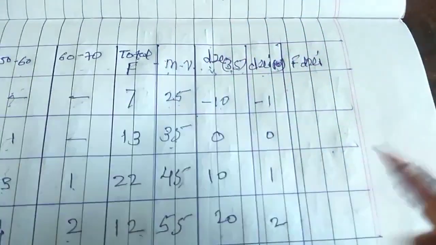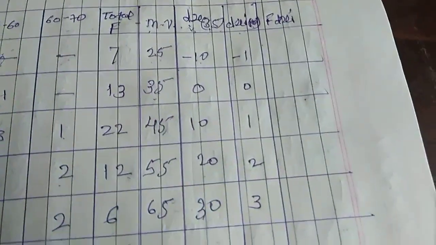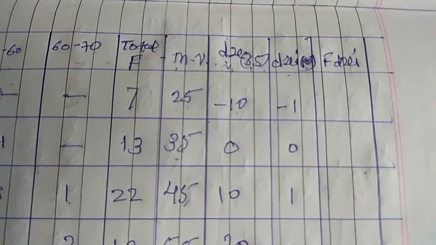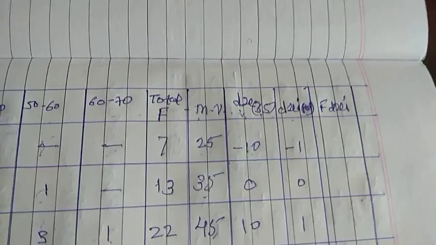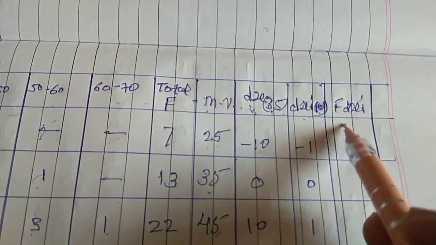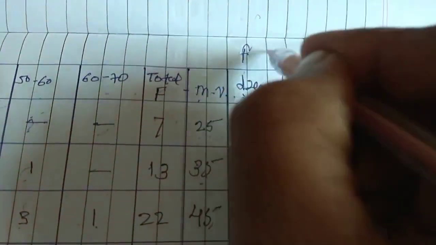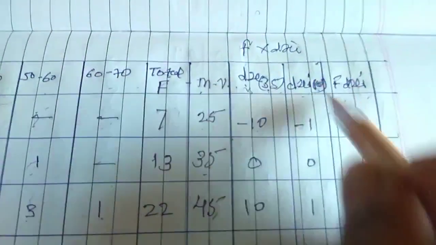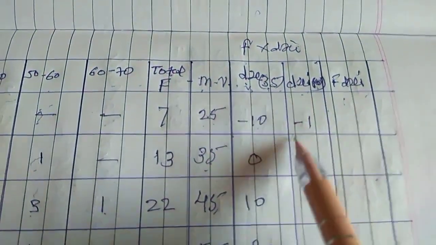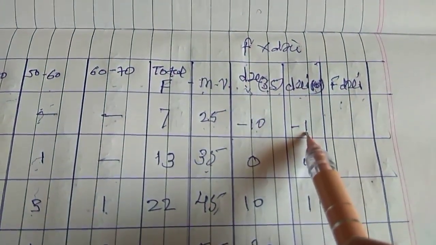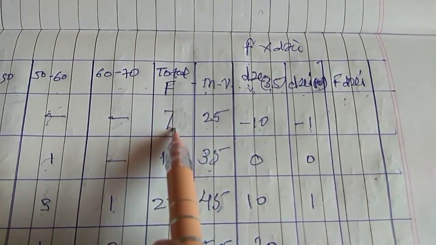After that we have to make here the f dxi series. The f dxi series means f into dxi. Okay, now this is the figure of dxi and there is f.